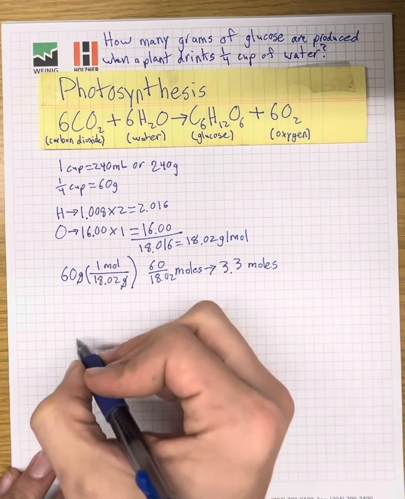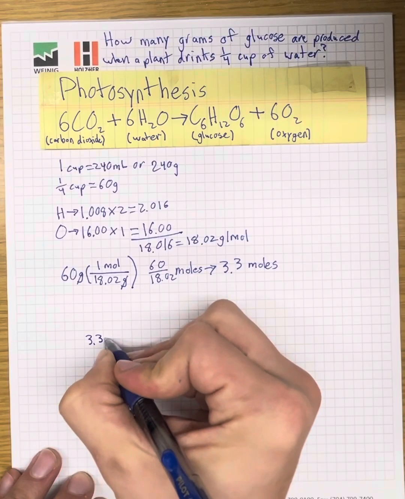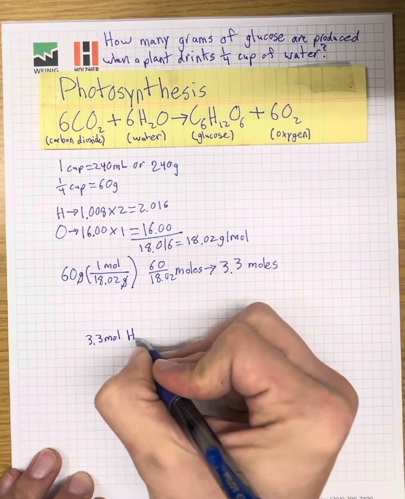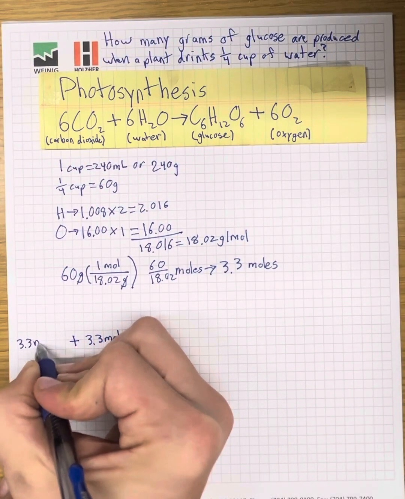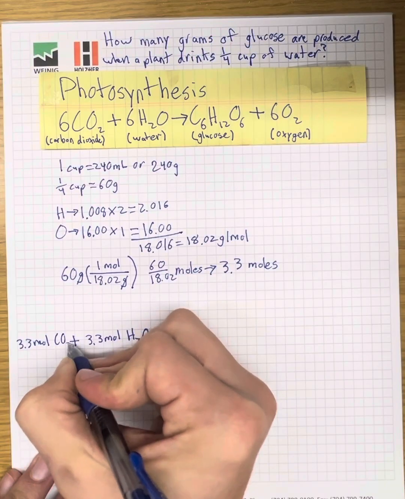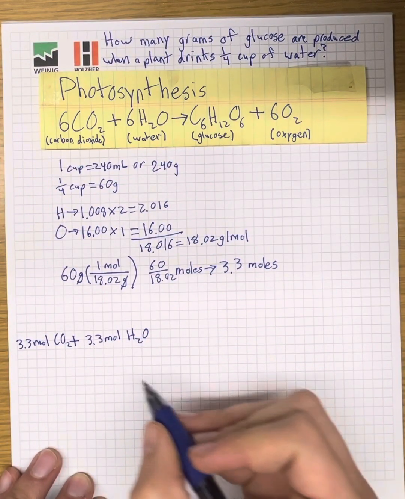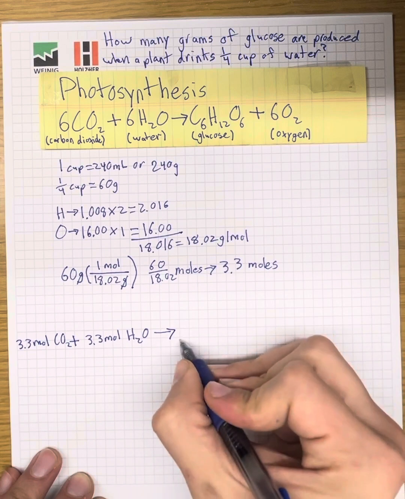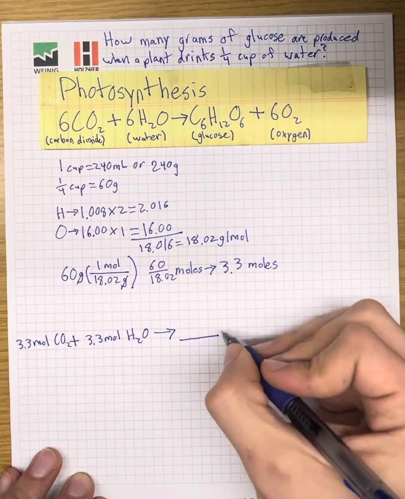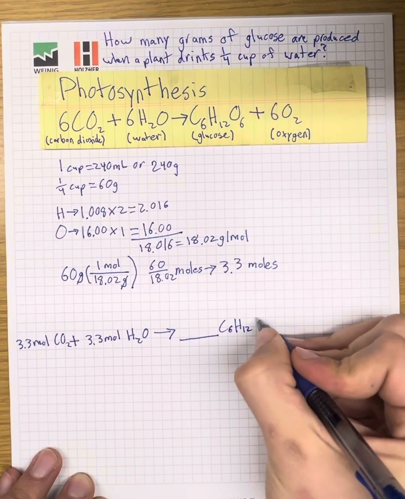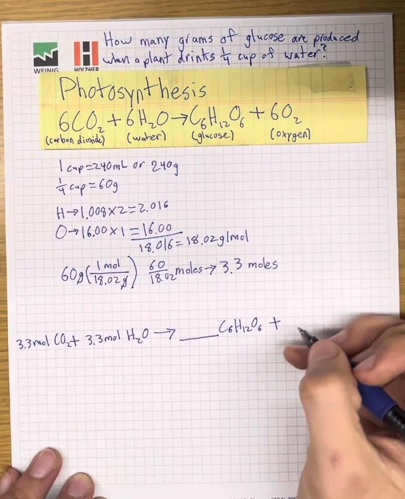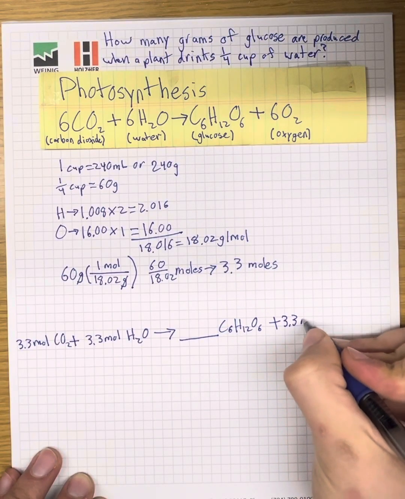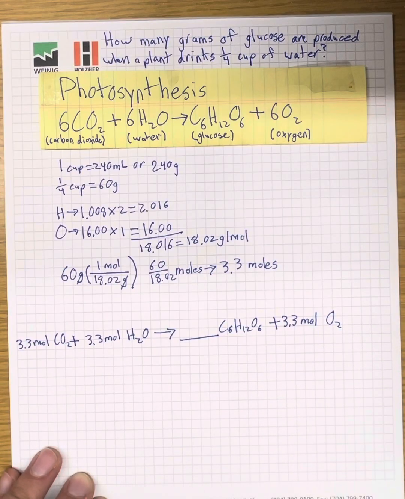So we know if we have 3.3 moles of H2O, that means we also have 3.3 moles of carbon dioxide, right? And that is going to give us our mystery amount of C6H12O6 plus, again, because there's 6 oxygen, we know there's 6 water, it's also going to give us 3.3 moles of O2.